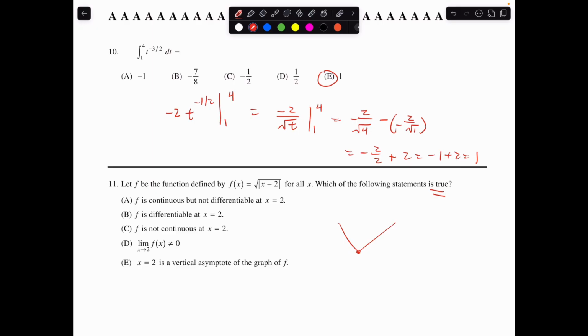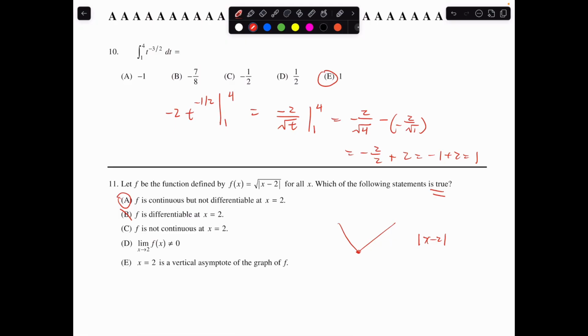So I already know the answer is A. It can't be differentiable because when you have x minus the absolute value of x minus 2 at x equal to 2, you have that cusp, that sharp turn is not differentiable there. So we know that it's not B. If whatever is inside the radical is not differentiable, then adding the radical is not going to make it differentiable. Is it continuous at x equals 2? Yes, it is continuous. It's approaching the same point.